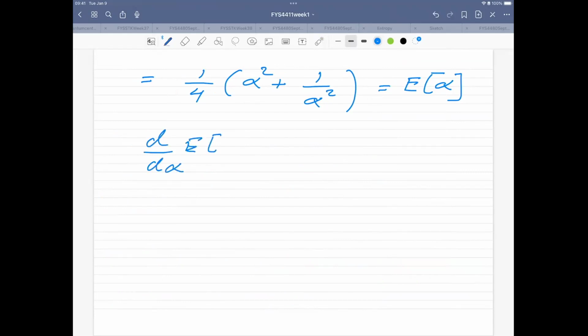This is my gradient, but since I only have one variable, this reduces to this simple expression, which we want to evaluate. And if I do that, by taking the derivatives with respect to alpha, that tells me simply that the best result for alpha is the one when alpha is equal to 1.